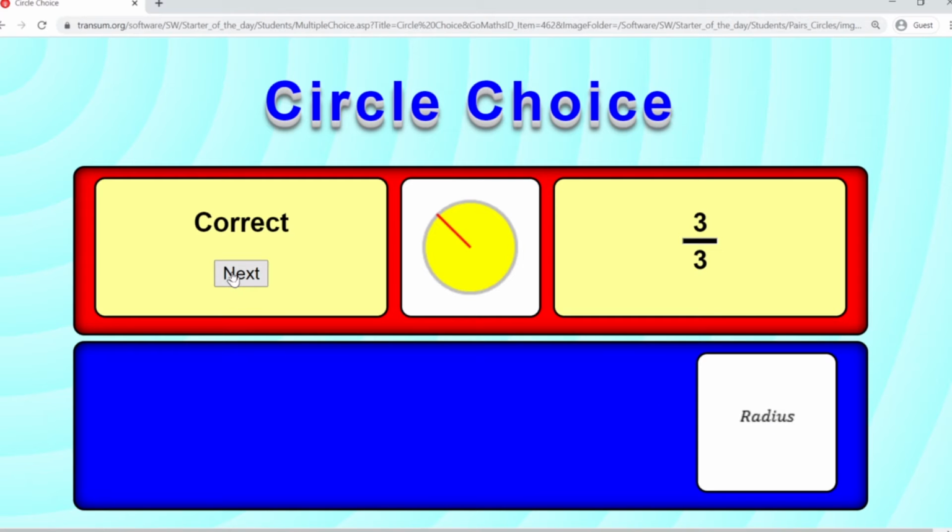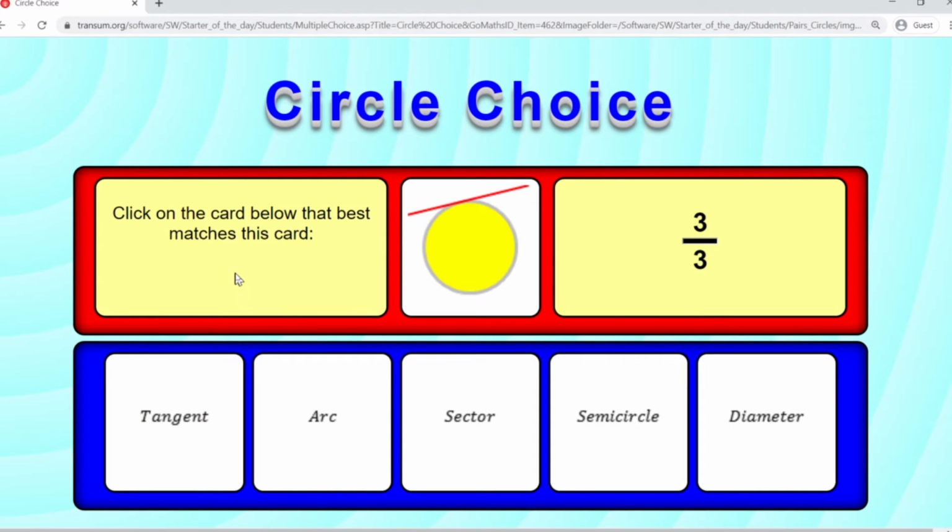Okay, next. This question might seem new to you, or if you recall back, the answer is tangent, because a straight line that touches the circle at one point is called a tangent.